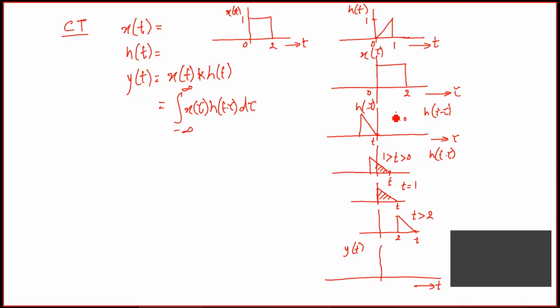Once t is less than 0, the value will be 0 throughout. As we start moving into the domain where t is greater than 0, you will see that we'll start having this overlap. Now if this value is 1 right here, then whatever is the area here gets multiplied by this, and you will end up getting the area, and you will end up getting a plot, and that plot actually finishes once the overlap finishes.